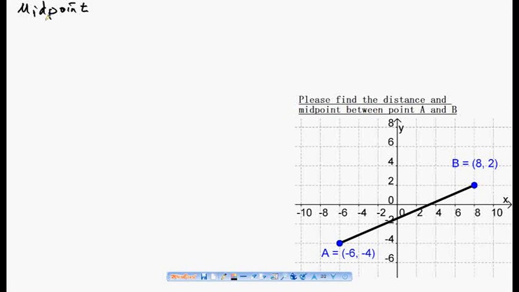The 2 points are 8, 2 and minus 6, minus 4.